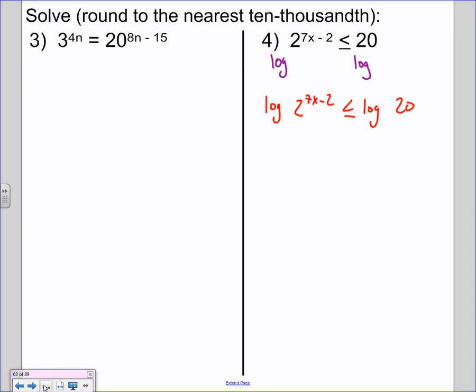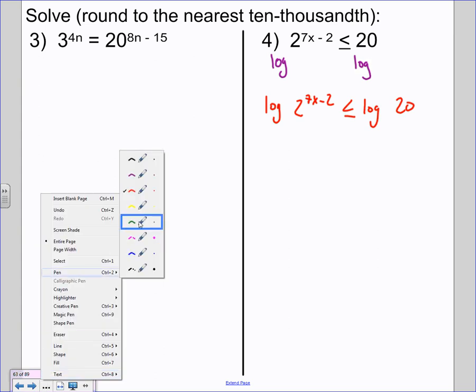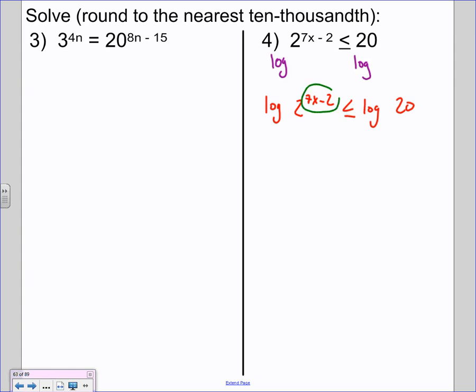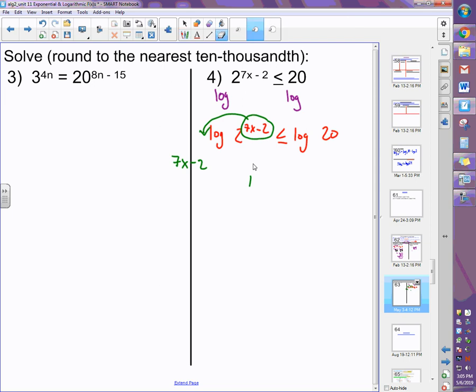Again, I use properties of logarithms to bring that power down in front so that I can get to x a little more successfully. So that means it'd be 7x minus 2 times, sorry, my pen decided to not cooperate, times log base 10 of 2 is less than or equal to log base 10 of 20.